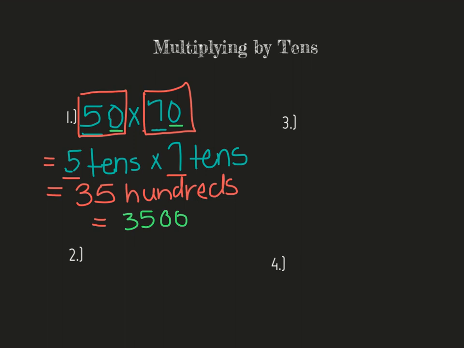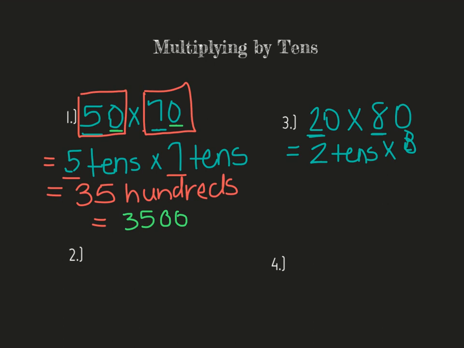So we're going to practice that with another example. Let's say my next example is 20 times 80. My first step is to look at how many tens I have in each factor. I can see I have 2 tens times 8 tens.